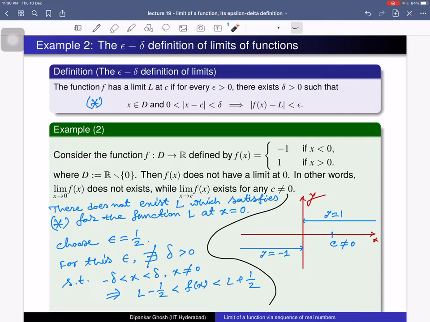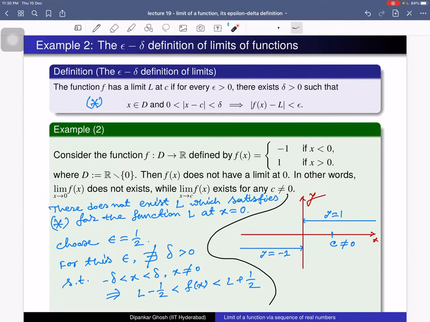It is just this function from D to R, where D is the collection of all non-zero real numbers, and this f of x is given by minus 1 for all negative x, and for all positive x it is given by 1. So on the positive side it is given by this thing, and on the negative side it is given by minus 1.